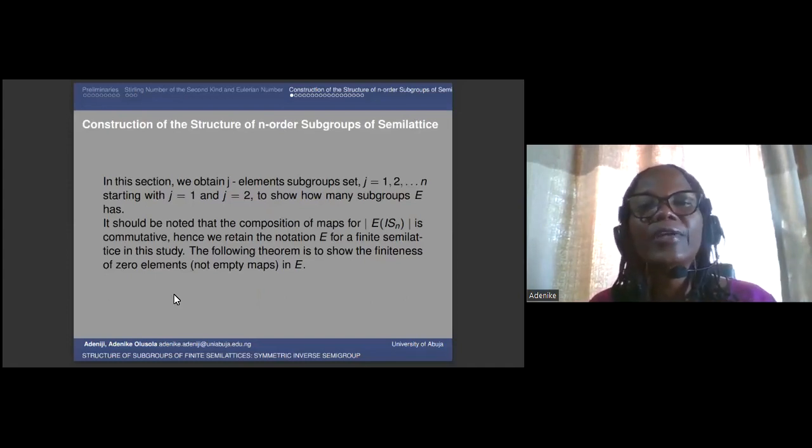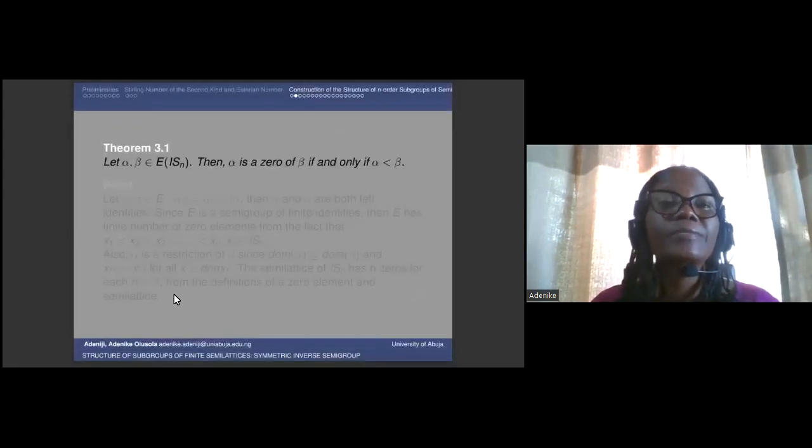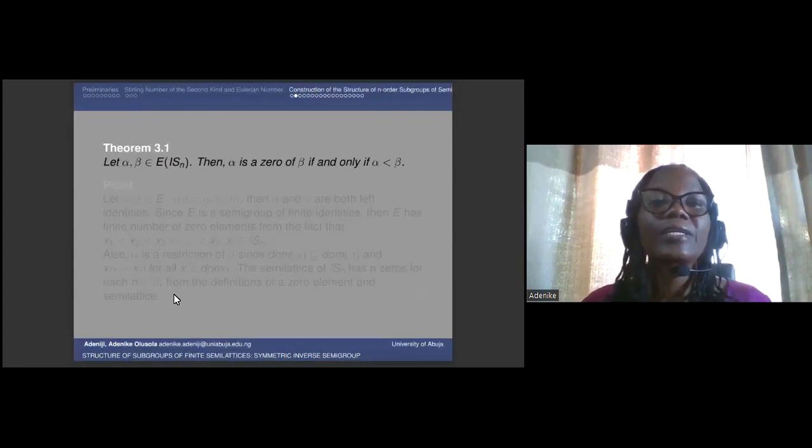We should also take note that in a semilattice, commutativity is ensured, and the elements have to be idempotent. So now let's look at the following theorem on zero elements. The zero element is defined.